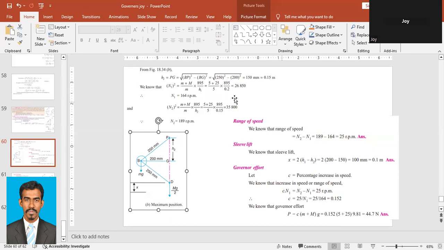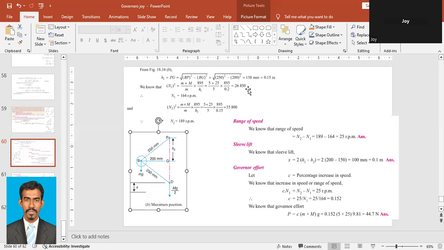This gives 26,850. Since it is N squared, N1 squared is equal to 26,850. Therefore, N1 is equal to 164 RPM.